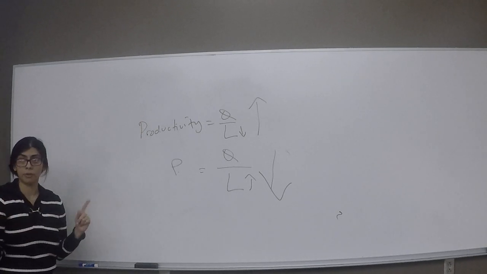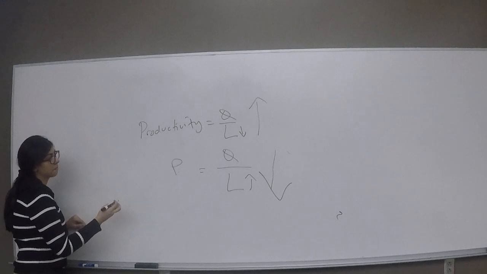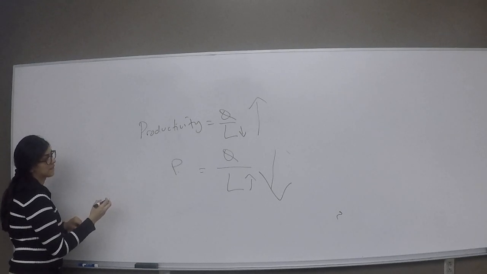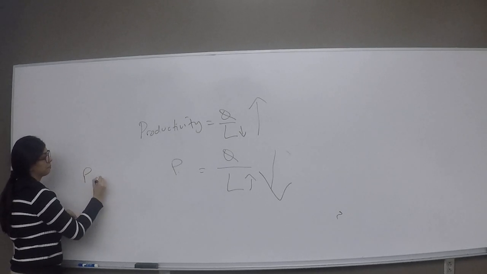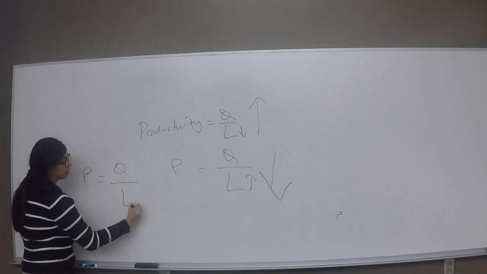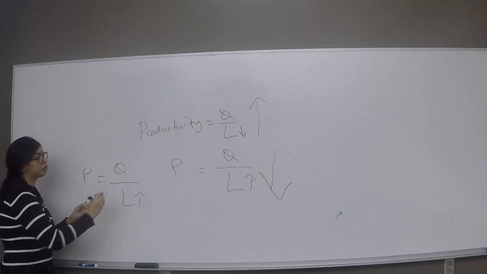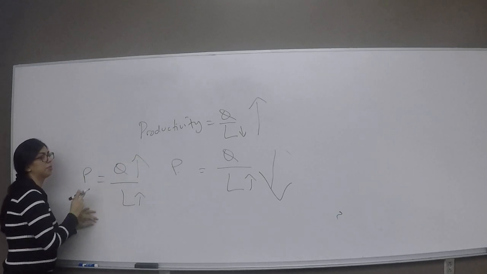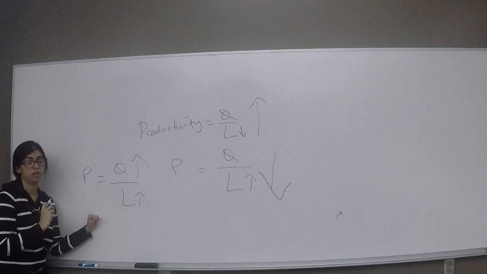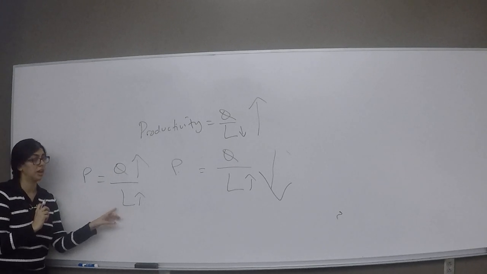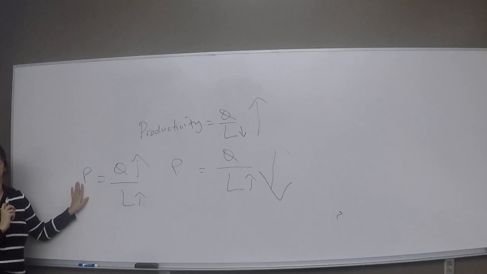Well, what if you increase the labor, or the denominator, but you also increase quantity produced by a lot, more than you increase labor? Is it going to increase or decrease?